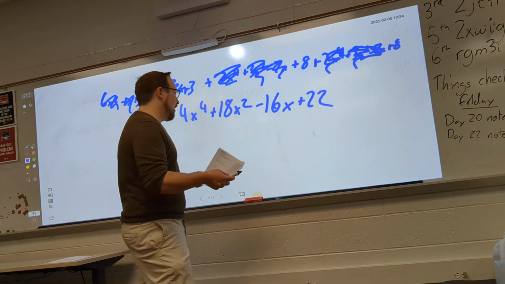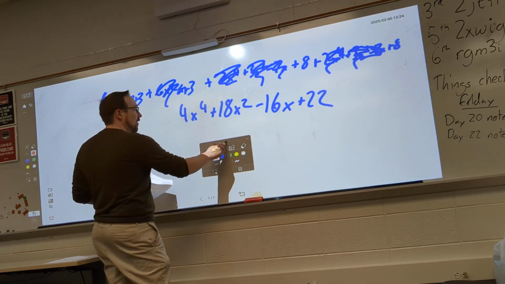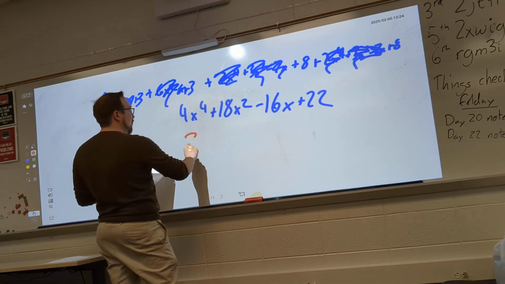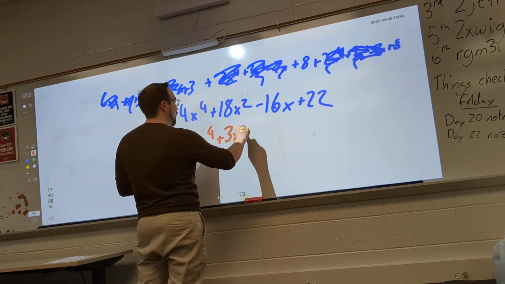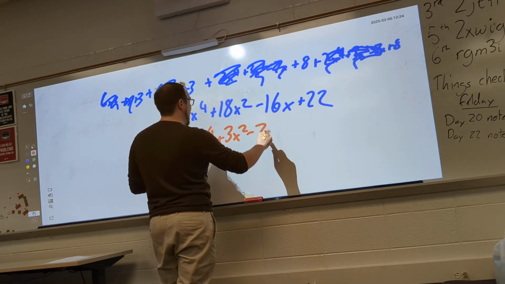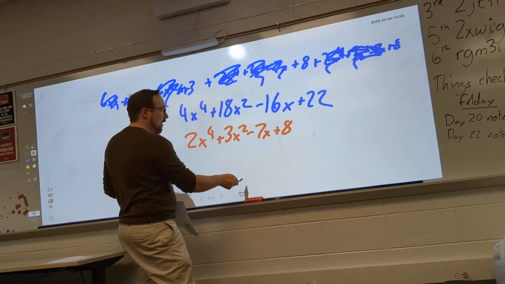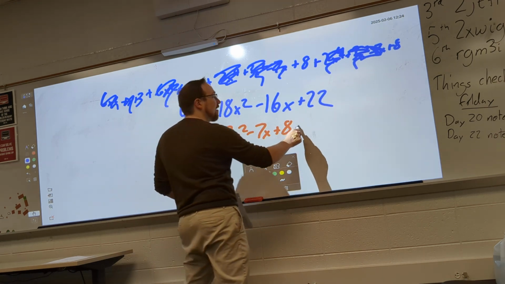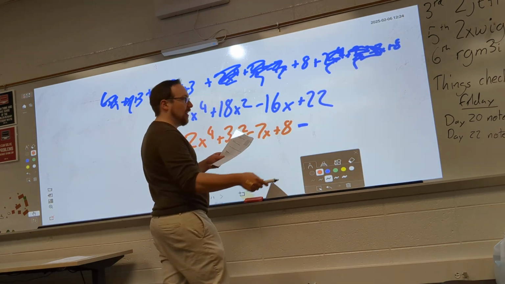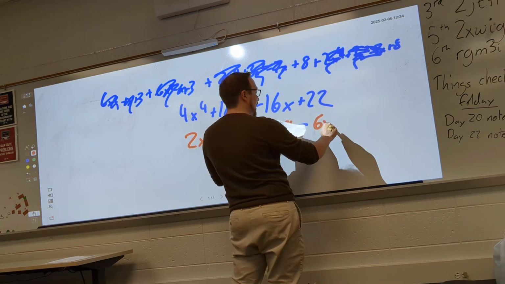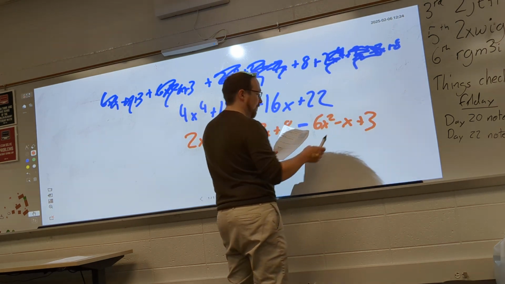The long side is 2x to the 4th plus 3x squared minus 7x plus 8. And then we need to subtract the other side, which is 6x squared minus x plus 3.